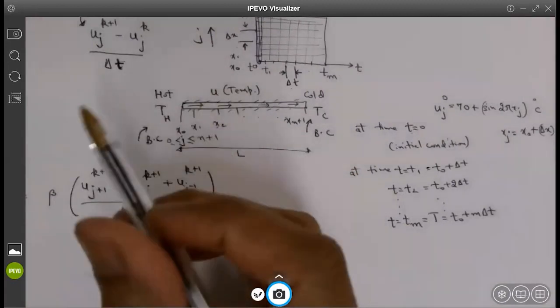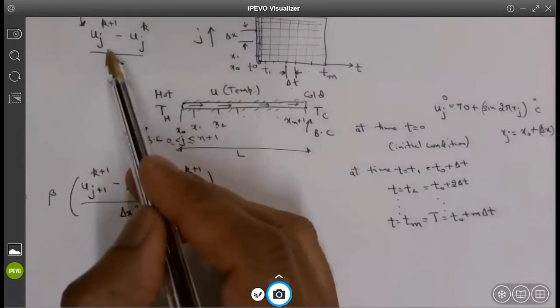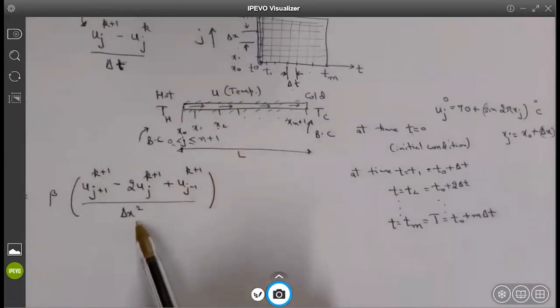Okay, so that is how you will approximate the first partial derivative, and this is how you will approximate the second partial derivative.